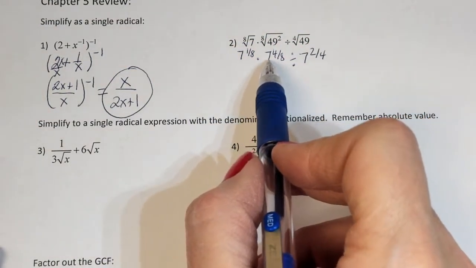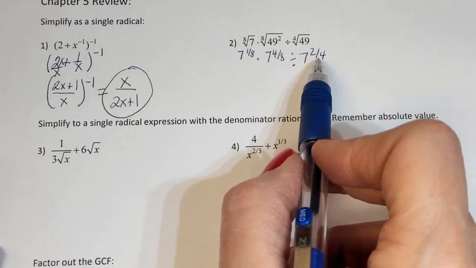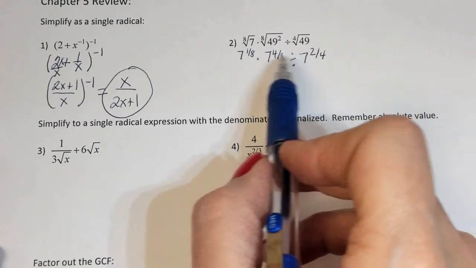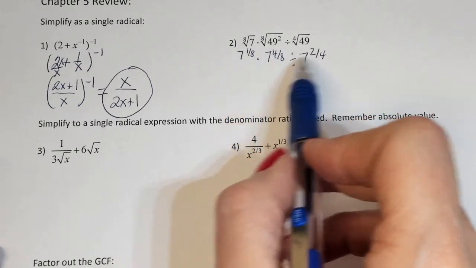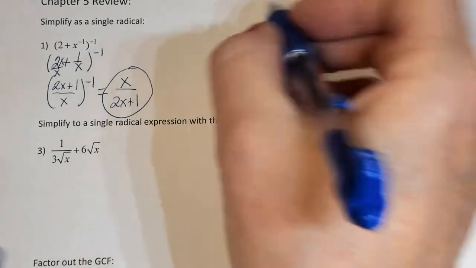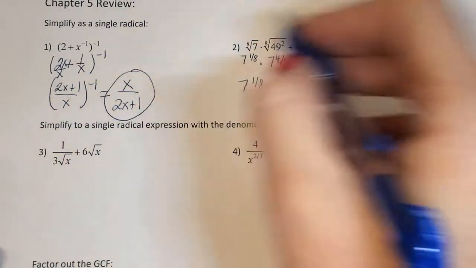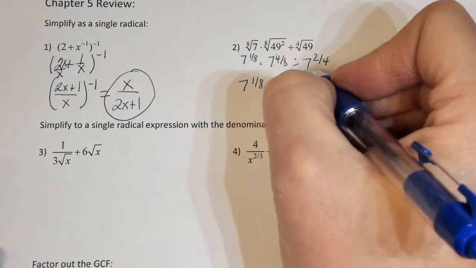What is this? This is really 7 to the 1/2 divided by 7 to the 1/2. So what's that going to be right there? 1. Anything divided by itself is 1. So these would just be 1, and then I would just be left with 7 to the 1/8.